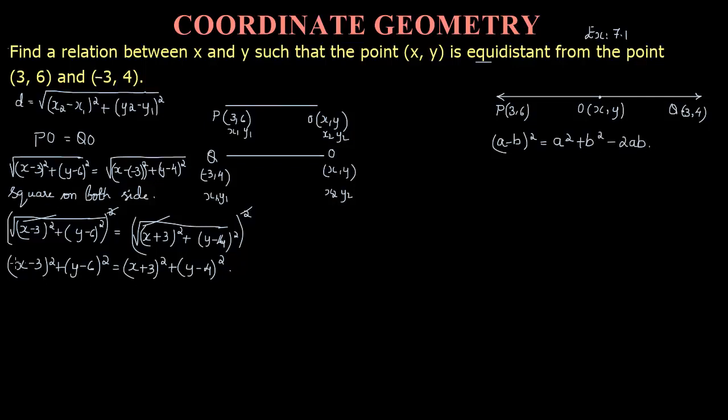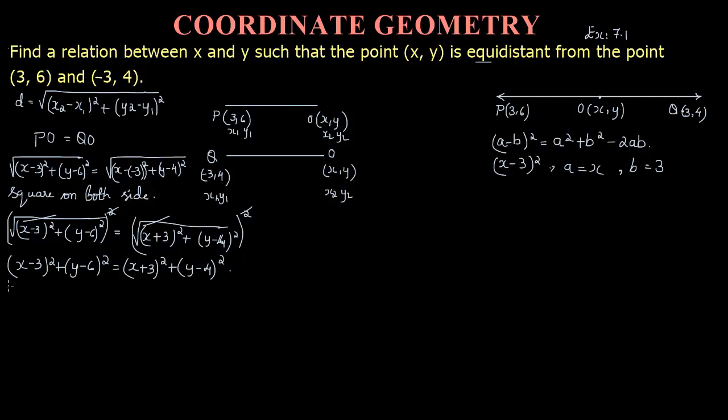In this particular case, in place of a we have x and in place of b we have 3, right? So let us substitute now. A square, in place of a, what do you have? x. In place of b, what do you have? 3. Don't get confused with this minus; this minus is the formula minus, right? In place of b, here we have only 3. We don't have minus 3. This minus is the formula minus.